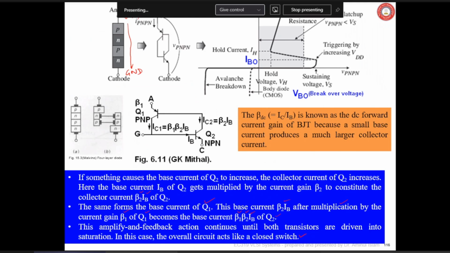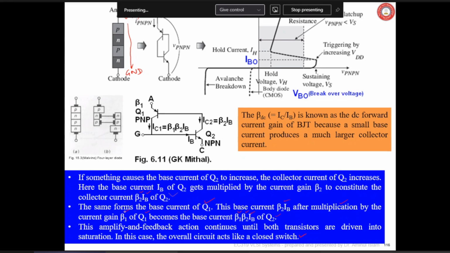Now, the same thing I have written here. If something causes the base current of Q2 to increase, the collector current of Q2 increases. The base current IB of Q2 gets multiplied by the current gain beta 2 to constitute the collector current, beta 2 IB, of Q2.